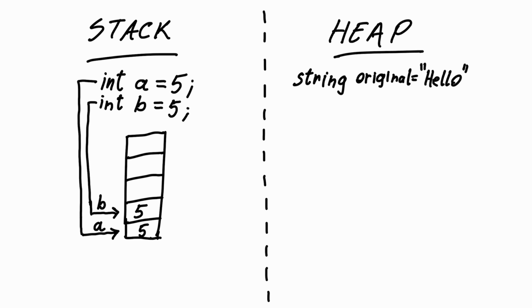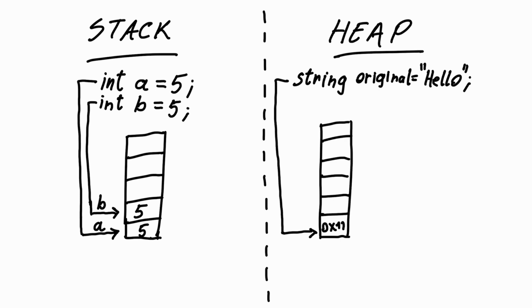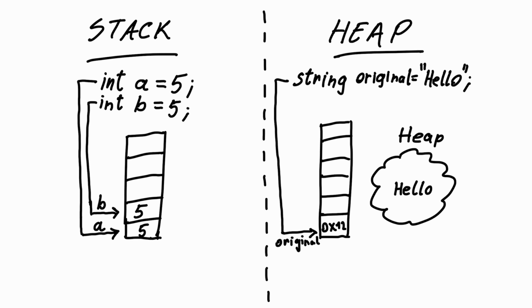When talking about reference types, the memory storing works differently. Let's declare a string named original and call it hello. Strings are reference types, so the hello value gets stored in the heap, and the memory address of string original points to the hello value. Let's declare another string called copy and assign the same hello value to it.